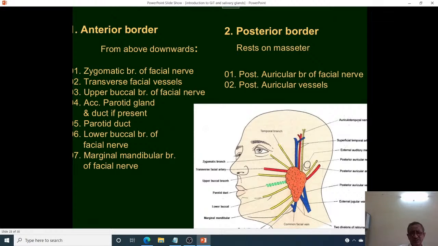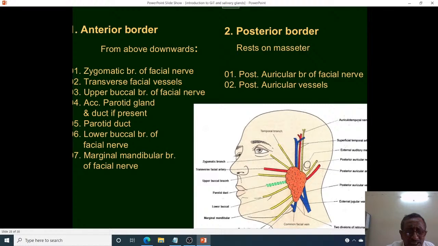Here we are showing the branches of the facial nerve: the temporal branch, the zygomatic branch, the upper buccal and lower buccal branches, separated by the parotid duct, and then the marginal mandibular branch and cervical branch. So these are the 5 branches of the facial nerve.